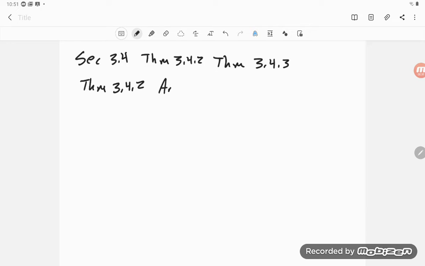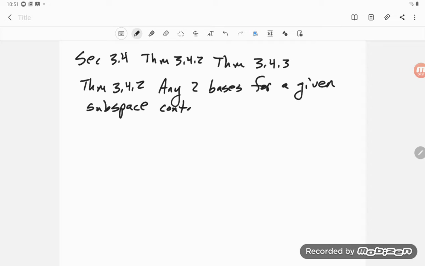so any two bases for a given subspace contain the same number of elements. Okay, the same number of elements.